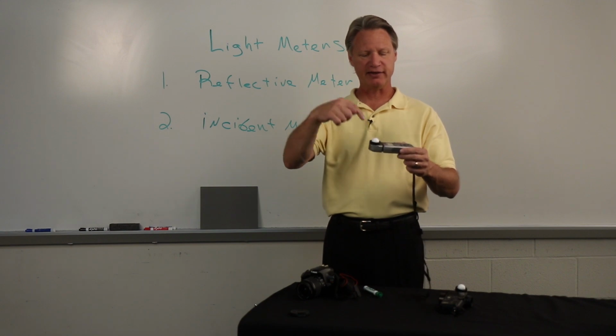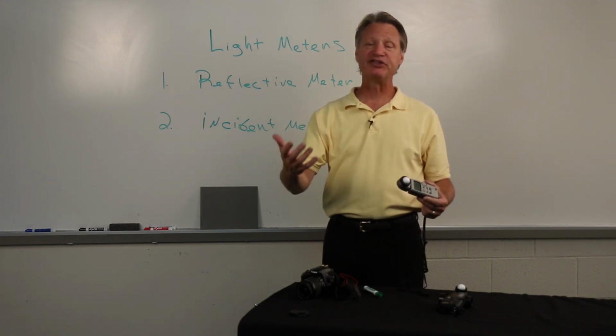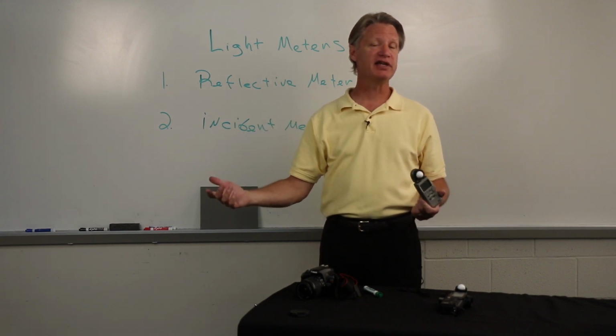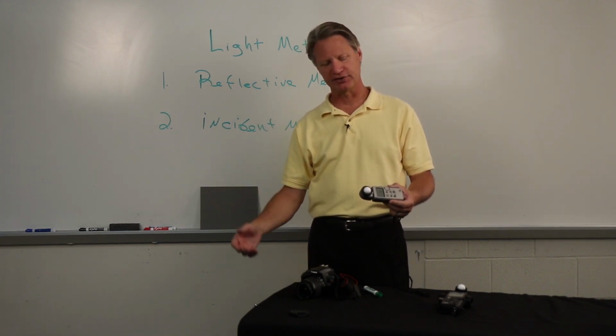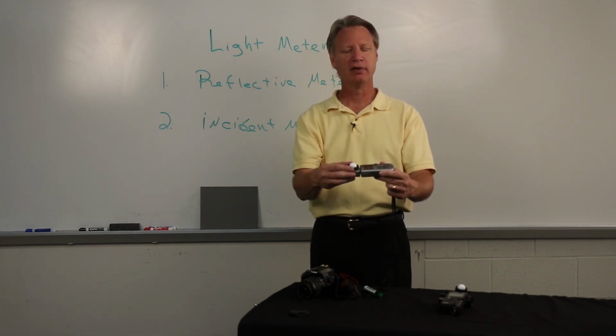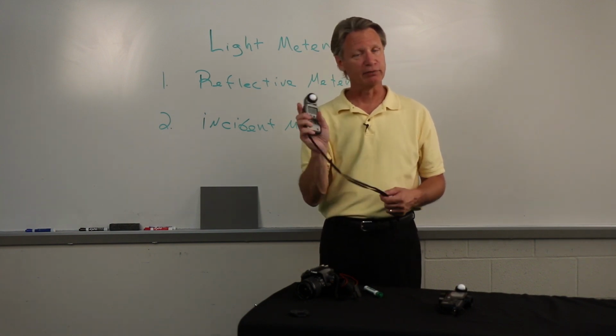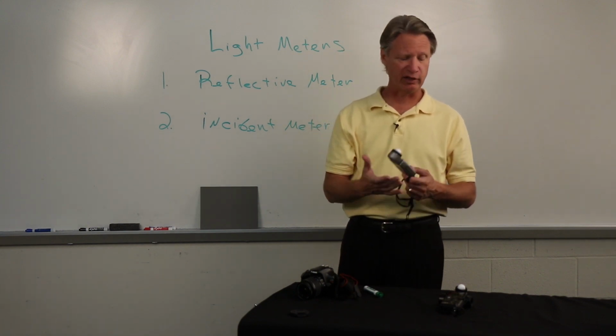How much light is falling on this dome? It doesn't matter what the reflective value of the elements or the subject is, it simply tells you how much light is striking this dome on the meter. These are very simple to operate, you simply select your ISO and then you hold the button down and it will tell you how much light is available.